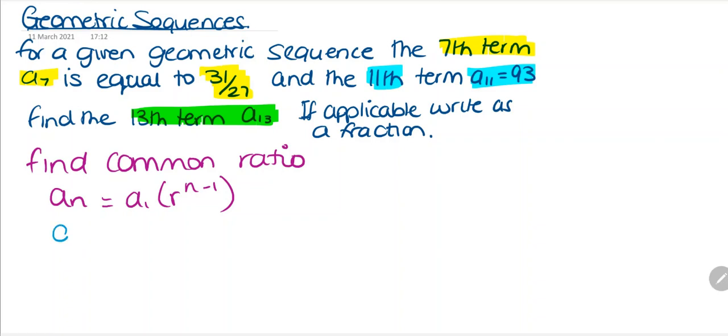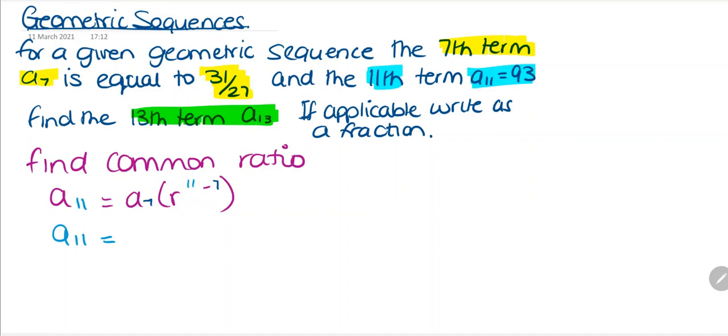So A11 is equal to, instead of the first term, we know the 7th term. So we can change this from the 7th, and it'd be minus 7. And we're looking at the 11th term, so n will be 11.